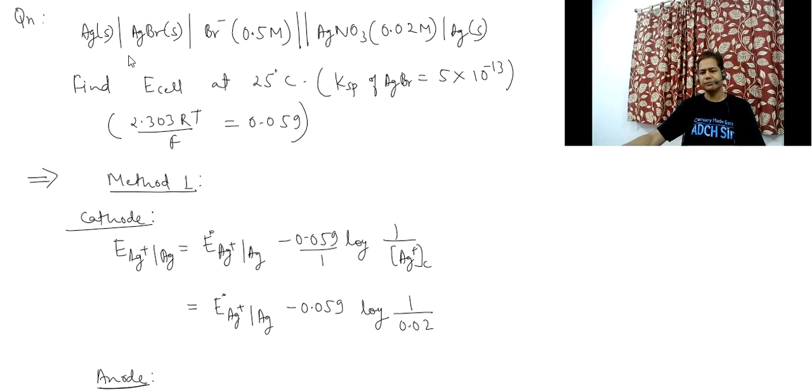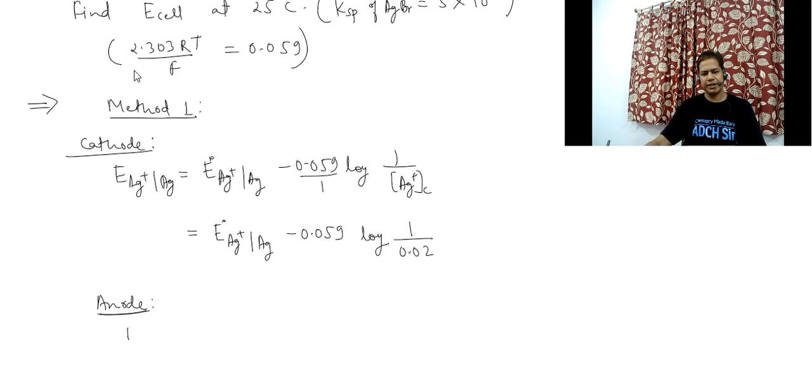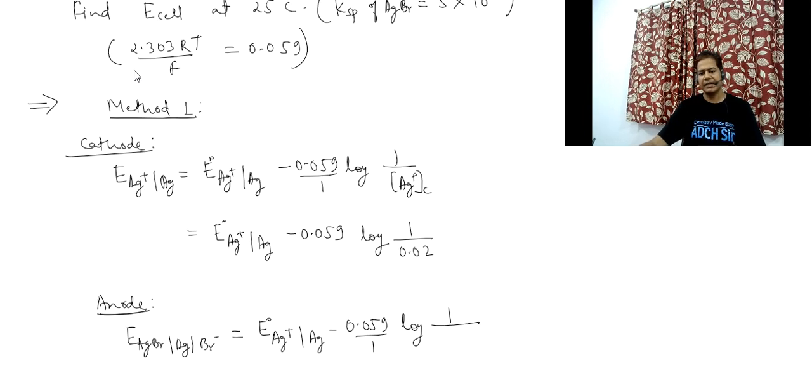Now we can write the electrode potential for the AgBr electrode. The reduction potential of AgBr to Ag and Br minus electrode can be written as equal to E naught of Ag plus 2Ag minus 0.059 by 1 log of 1 upon Ag plus, and Ag plus will be Ksp upon Br minus. So Br minus will go in the numerator.